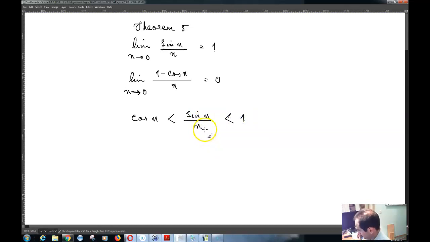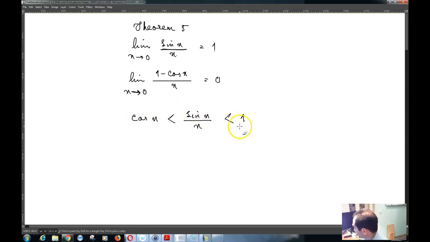That means this function sine x by x is sandwiched between the function cos x and the constant function which takes the value 1. This was what we just proved over here.